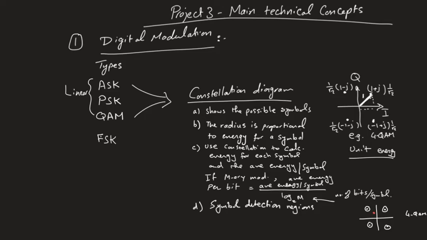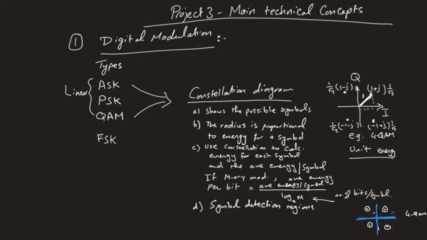So when I receive something like this red dot that we see here, for example, minus 0.1 plus 0.6 j, what should I say was the transmitted symbol? In order to do that, we go between the symbols, we divide the region between them such that the dividing lines are the lines that have exactly the distance between each 2 symbols.